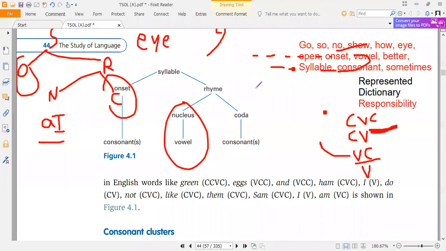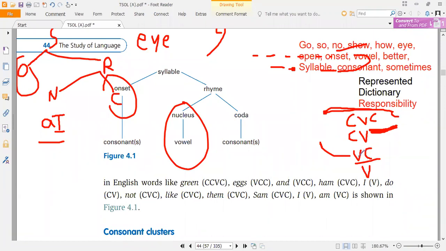We may have a CVC structure, which is the standard one, right? I hope you can see the lines I'm drawing. We may have a CV structure, consonant and vowel without the coda.